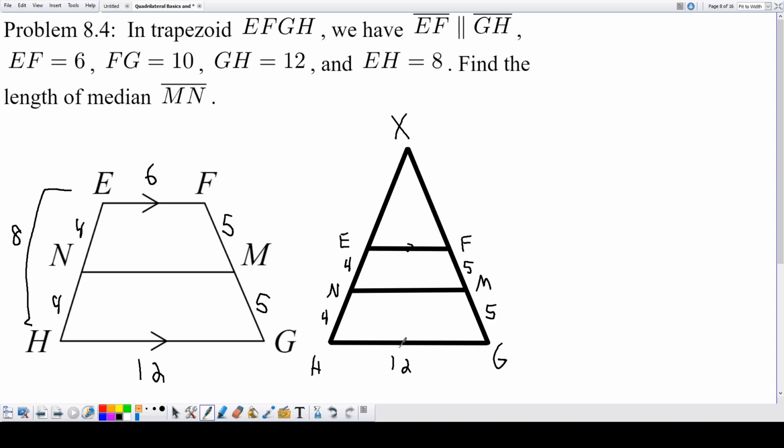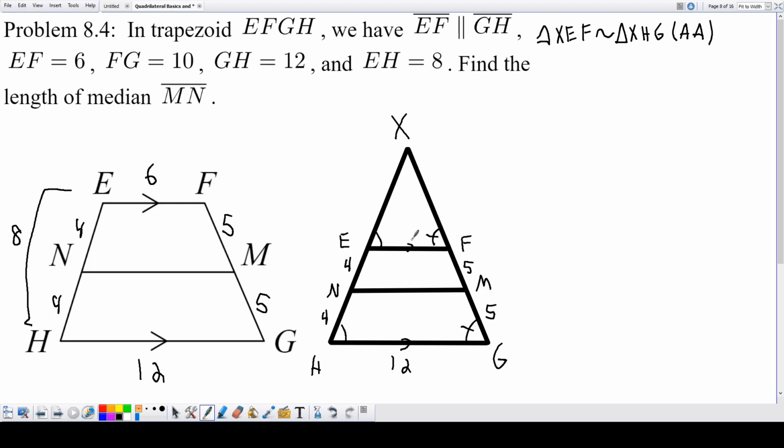We know that these two sides are parallel, which means corresponding angles are the same. And that implies we have similar triangles. So, what we have just discovered is that triangle XEF is similar to triangle XHG by angle. Okay.